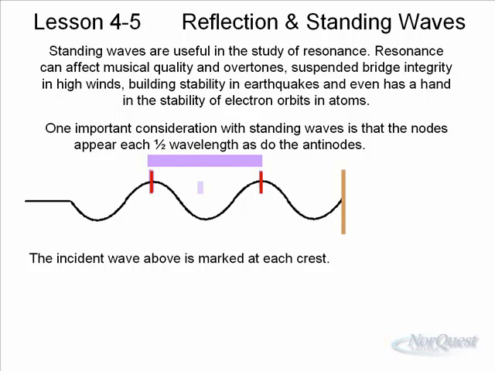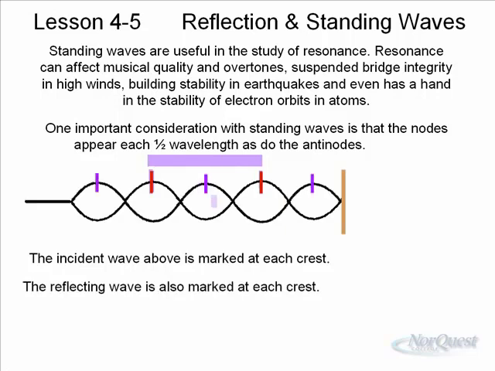So here we have the crests, and then as the reflected wave comes along, notice that you have a node here, and a node here, a node, and a node, and here's actually another node, and they even consider this to be a node at the reflecting point.